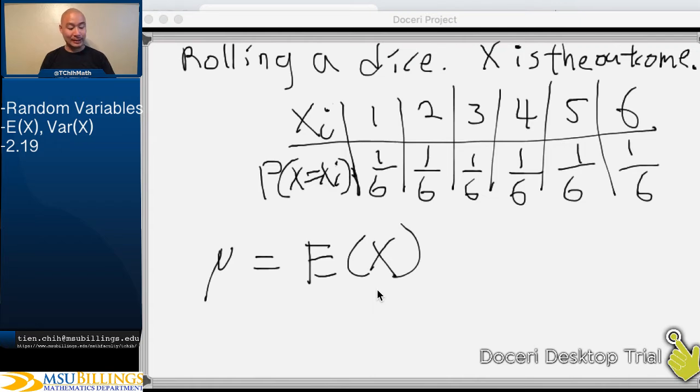Now, it may be obvious just from what you know about a die what this average outcome might be, and if you wanted to guess at it, it would be 3.5, right?